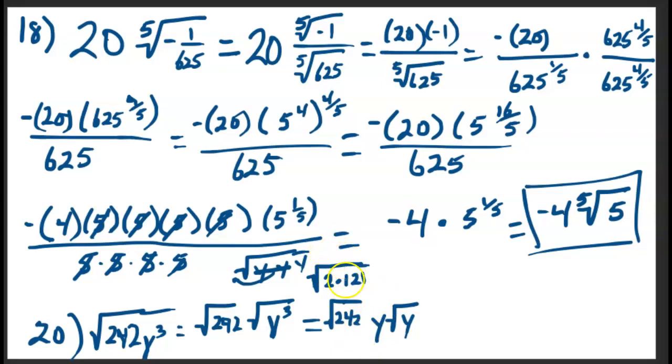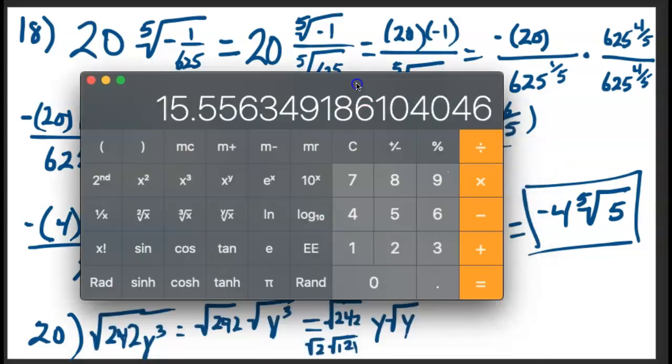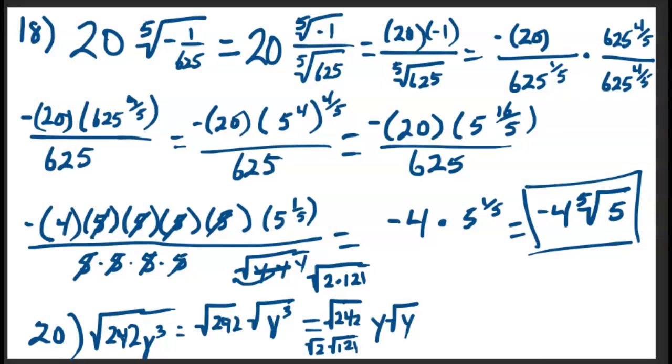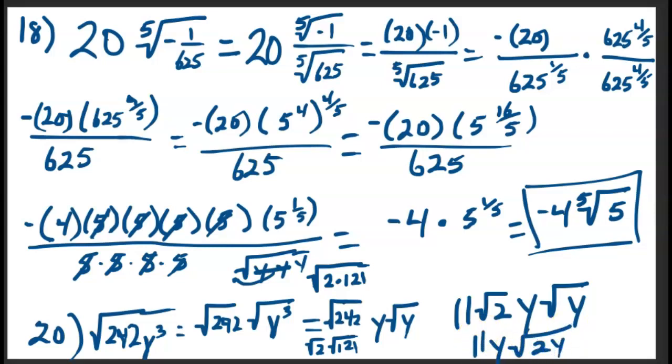Right? In other words, it's the square root of 2 times the square root of 121. And 121 is an interesting number because it reminds me of 11 times 11. And so what I really have is 11 square root 2, that's the 242, times y square root y, that's the y cubed. So 11y times the square root of 2y.